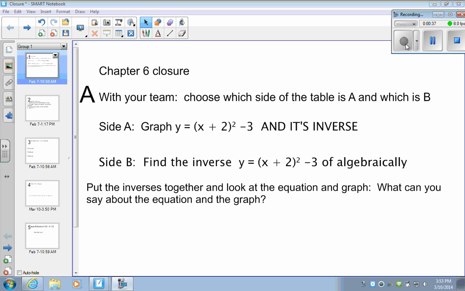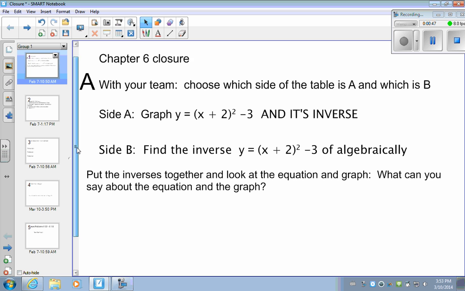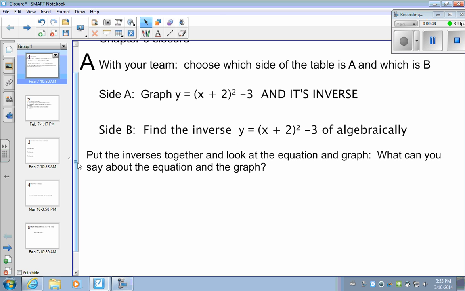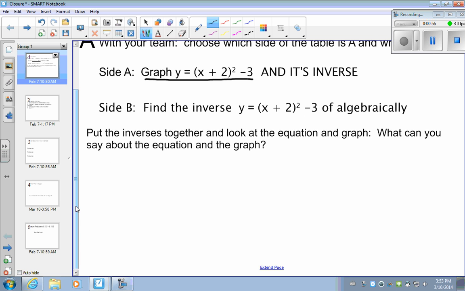So if you're going to graph this, or if you're going to find the inverse algebraically, you're still looking at the same thing, you're just looking at it slightly differently. Graphing it, I think, is super easy. So whoever was sitting on side A, you're the lucky team.